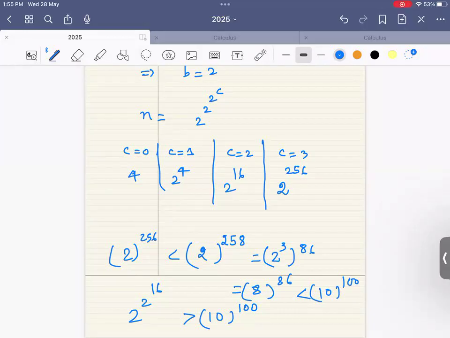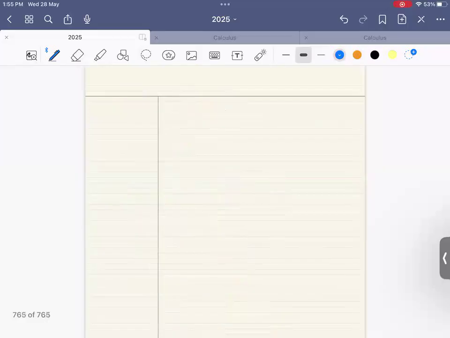You can take 2 to the power 4 and pull it aside. So 2 to the power 2 to the power 16 is 2 to the power 4 times 2 to the power 16 minus 4. And that's in fact greater than 10 to the power 100.